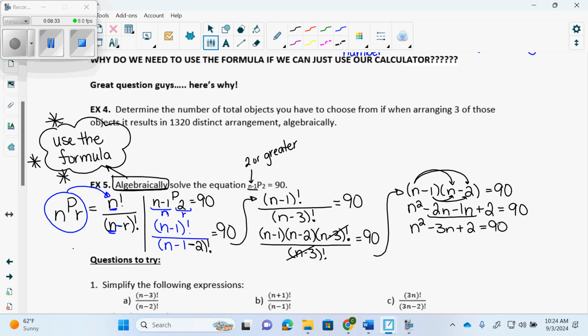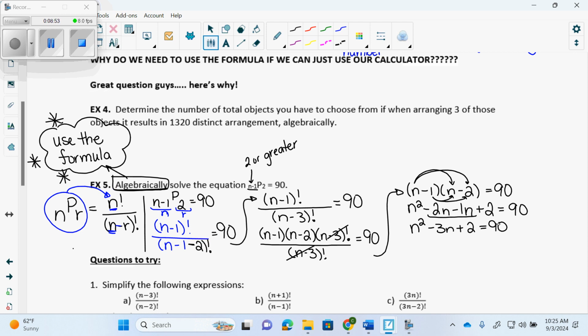Then grade 11 came along, and we had a squared and a variable. So here I have n squared minus 3n. I no longer can just isolate the variable and solve. I can't just get n by itself and divide by 7 and be done, correct? This is where grade 11 came in. And they said, okay, whenever you have a squared and you have a variable, what do you always have to do?